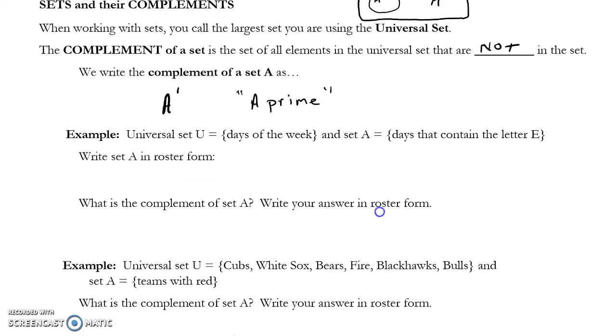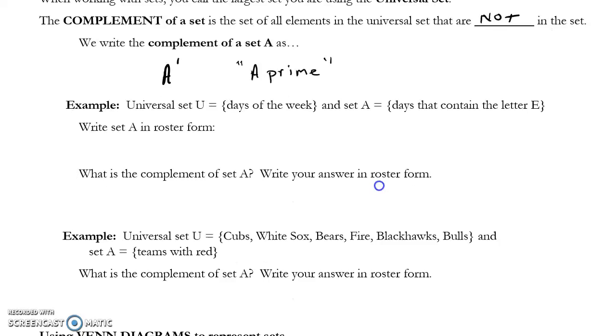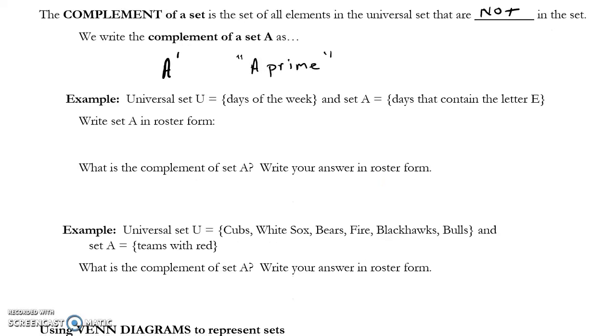So, if I said that my universal set were the days of the week, and that set A was only the days that contain the letter E, let's write set A in roster form.